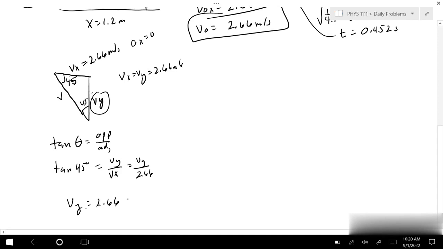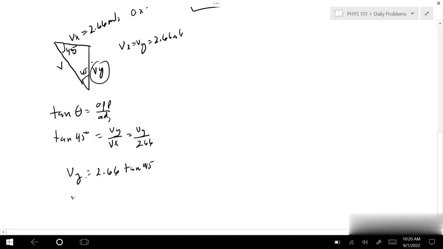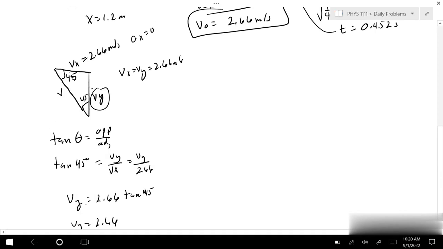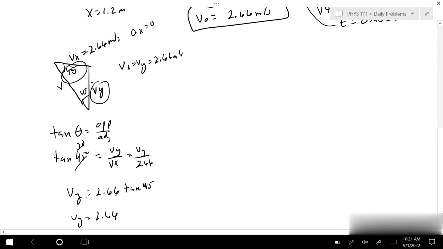So Vy is equal to 2.66 times tangent of 45, which is 1, so Vy is equal to 2.66. So you can work it that way as well. If I don't give you a 45-degree angle, so let's say this is 30, you could put 30 in there, whatever that angle is. You can use tangent if you know the two legs to find the other leg. So we know that our Vx and our Vy are both 2.66 because it's a 45-degree angle, but again, you can use tangent to find that leg.